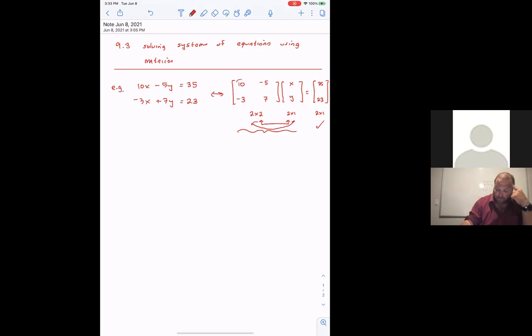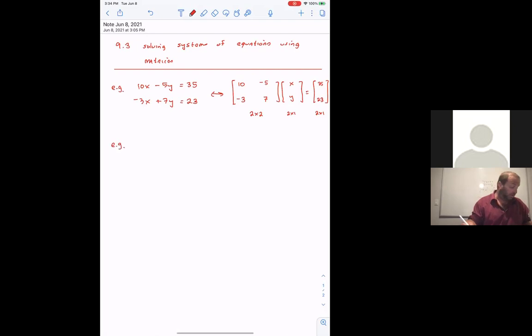Well, you take the first number in the first row and the first value in the second matrix's column, and you multiply 10 times x, negative 5 times y, so 10x minus 5y, and that equals 35. Similarly, negative 3 times x plus 7y equals 23. So this matrix equation is equivalent to the original problem.